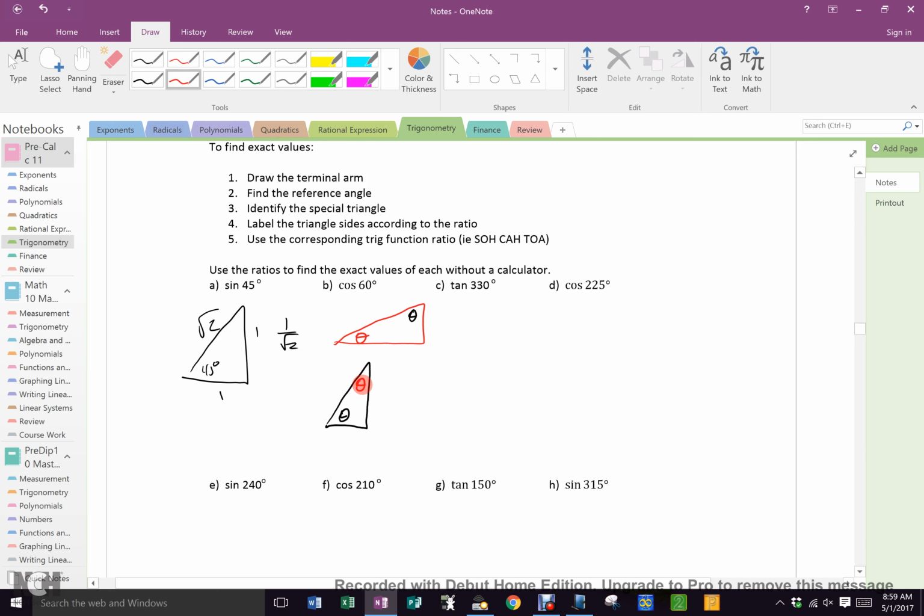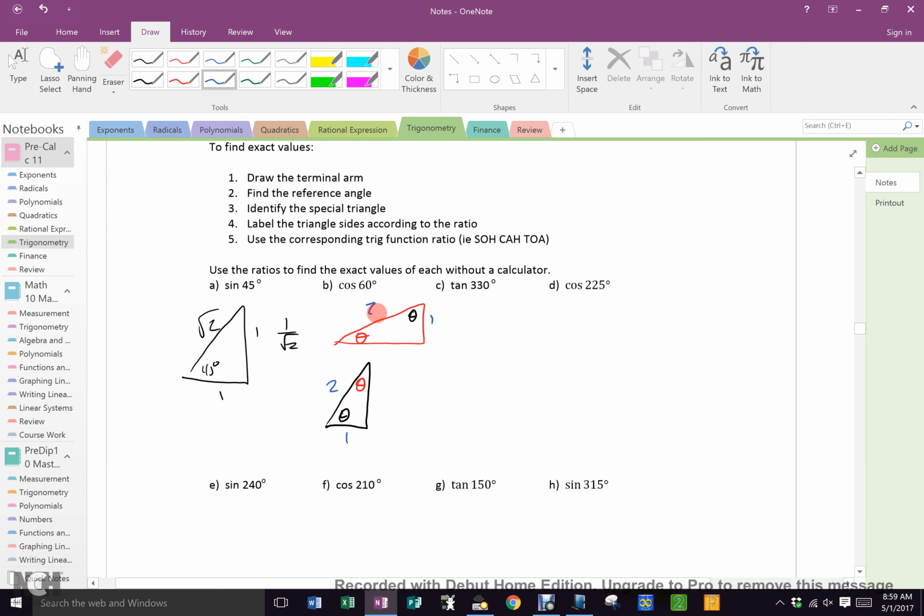So all you got to do is remember what it looks like, right? Where's the 1? Because you know it's 1, 2, and root 3. Where does the 1 go? The shortest side. Where does the 2 go? The longest side. And now we're good, yes?